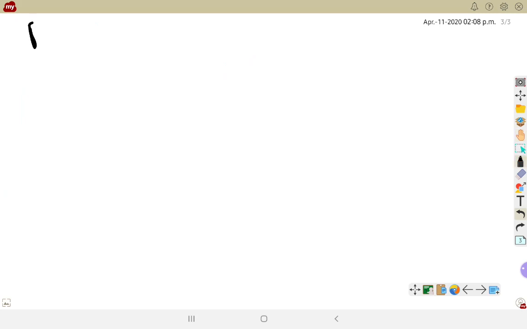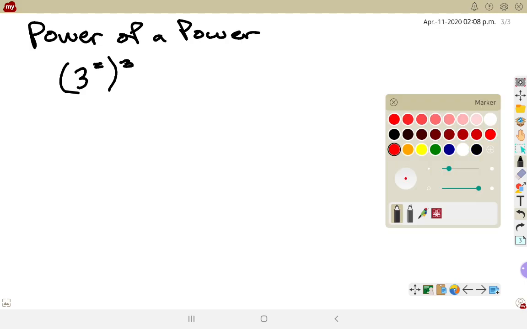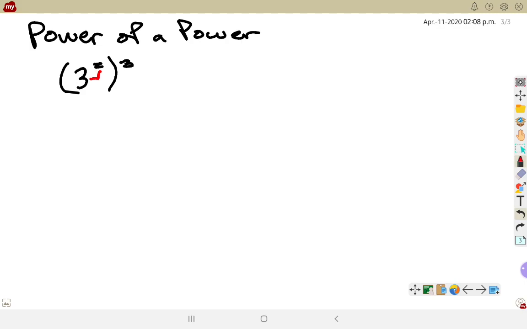Now this is where we've already got a power inside a set of brackets and we are raising it to a further exponent. So for example, let's say I had 3 squared and then I am going to raise that to an exponent of 3 again. Okay, so the first thing that happens here is inside the brackets that exponent of 2 is directly touching the 3.